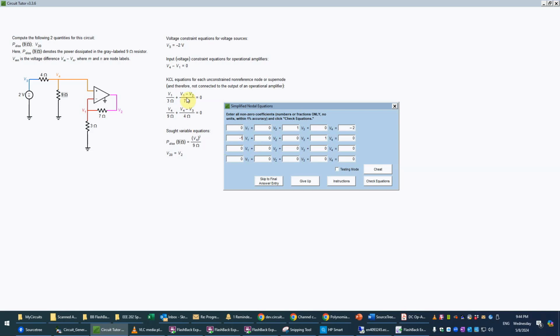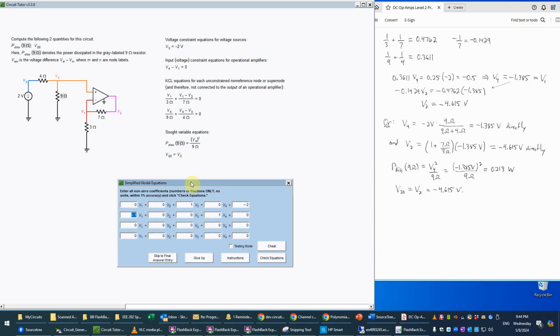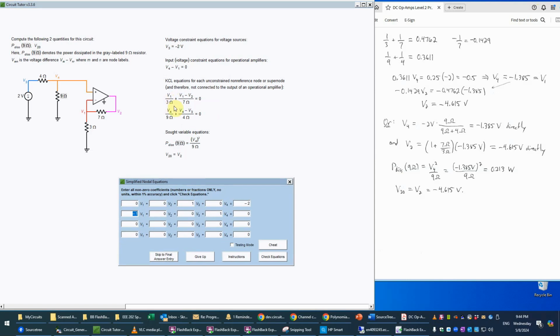And then for these two equations, this is going to involve a little bit of arithmetic, so I've done that in advance. For the V1, in the third equation here, we have 1/3 plus 1/7 as the coefficient of V1. Adding that up on a calculator, that's 0.4762. So we'll just put that in here.